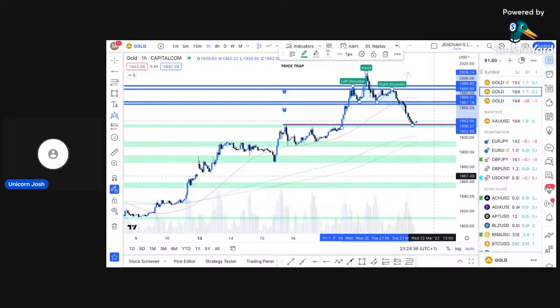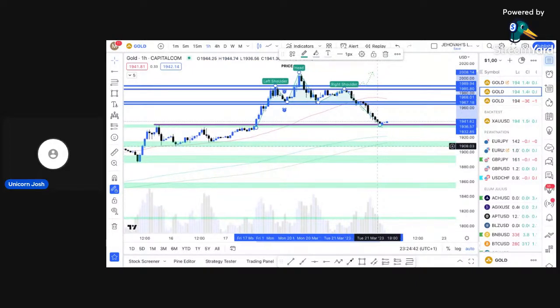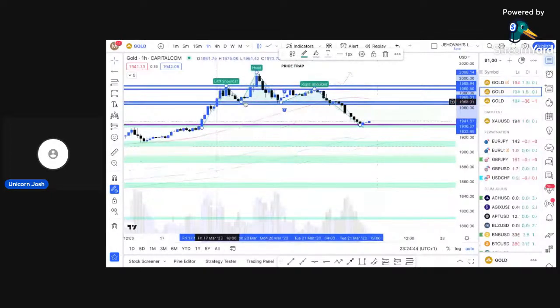It's more or less already played out because the neckline is the most important part of the head and shoulders. As you can see, this is the neckline. That is the line that you draw across the two lower parts in between the pattern.